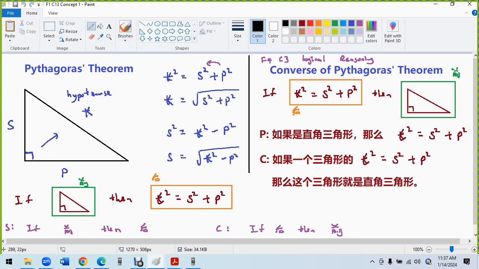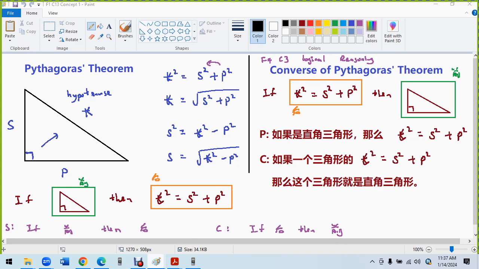So Pythagoras theorem say that if it is a right angle triangle, then the longer side square will be equal to the other two shorter side square add up. So converse of Pythagoras theorem say that if the longest side square equal to the sum of the other two side square, that is a right angle triangle.